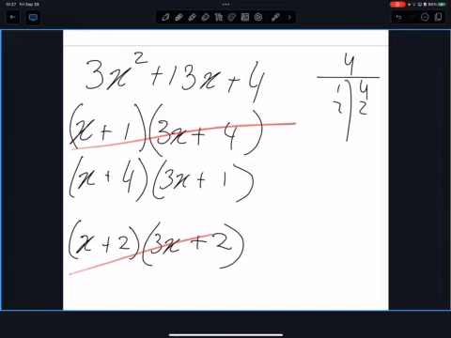When you factorize the number below and put it into brackets, there's always x plus 1, 3x plus 4. Does the 3x always have to be in the second? No, it doesn't matter where you place them. It's all the same.